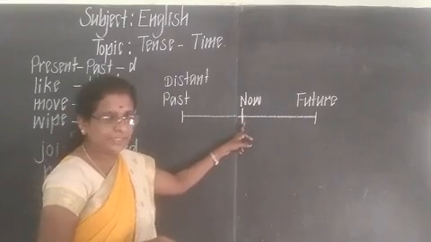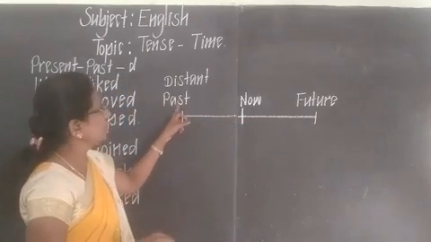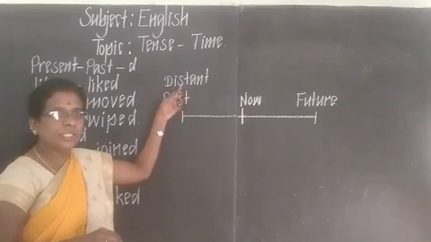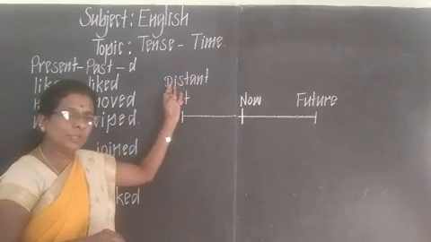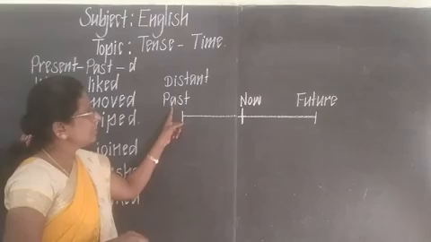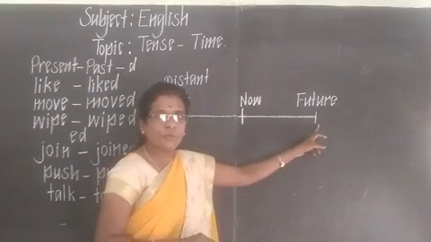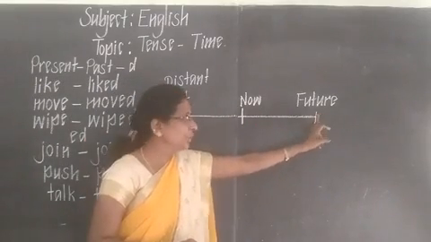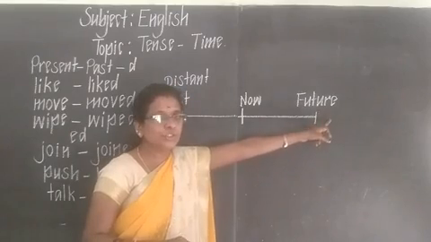This is present tense. This is distant past. The action is already over, completed or finished. This is distant past. This is future. Next class I am going to teach you about the future tense.